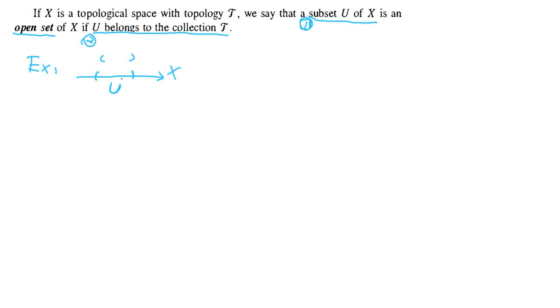It should be inside this set X. Secondly, U should belong to the collection T. So if there is a topology T of X, then U should be an element of T, so that U satisfies those properties of the topological space and topology. Okay, that is the open set of the set X.